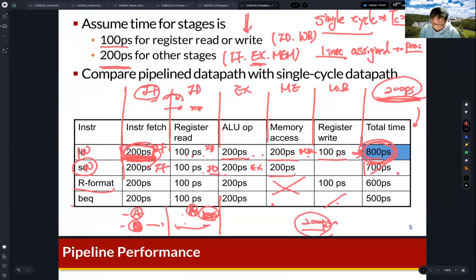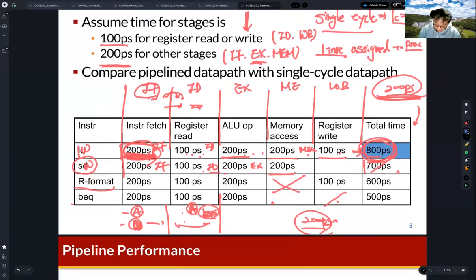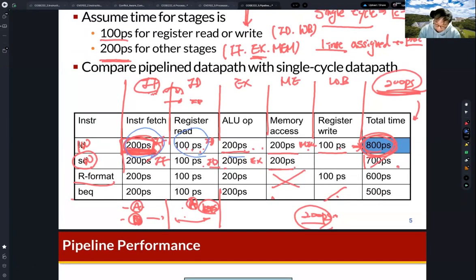As you can see, the delays of these 5 pipeline stages are not balanced, not the same. This one is 200 picoseconds, and this one is 100 picoseconds. But the 200 picoseconds decides the clock period, because it is the longest delay.